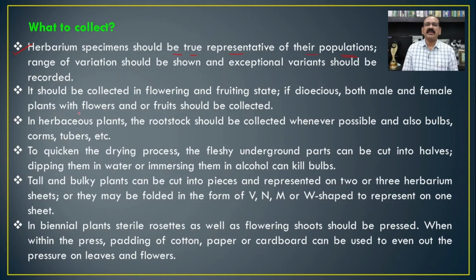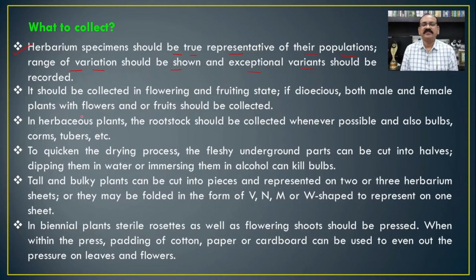Whenever we are talking about the formation of the herbarium, it should be collected from the same area, from the population, and hence it becomes the representative of its population, that is the true individual. Then the range of variation should be shown and exceptional variants should be recorded.